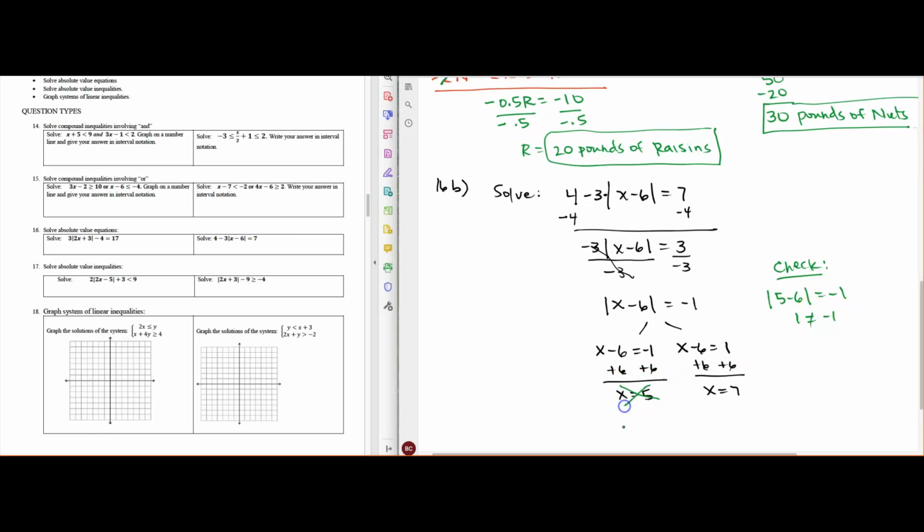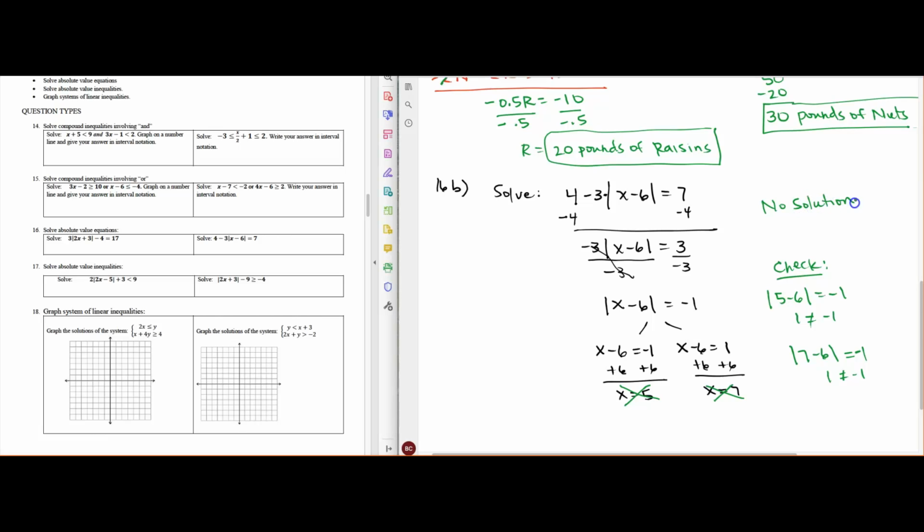So this is not a good solution. If I do 7, 7 minus 6, absolute value of that is 1, and 1 does not equal negative 1. So this is going to end up being a no solution, right?